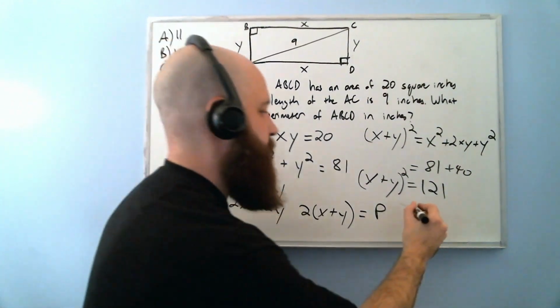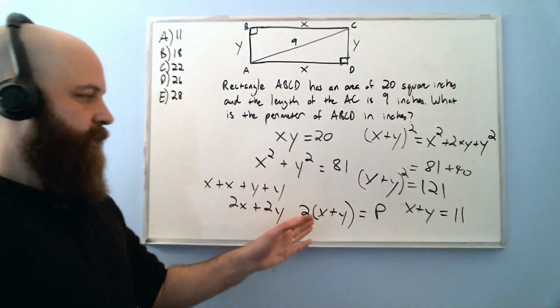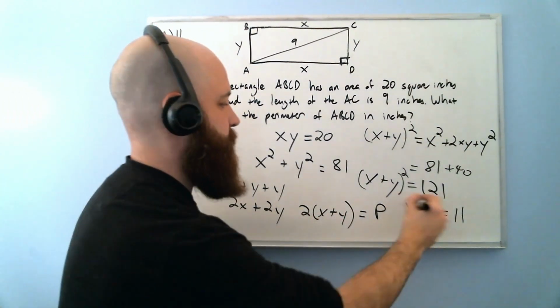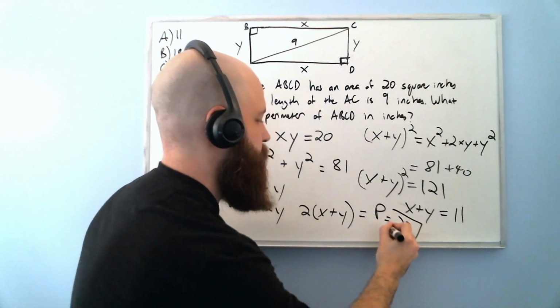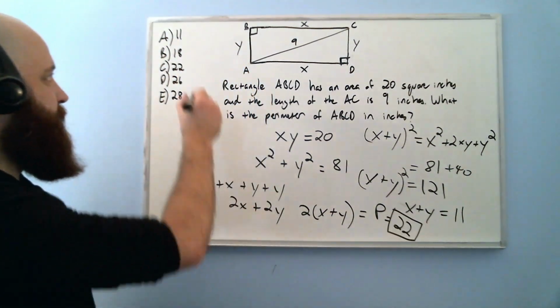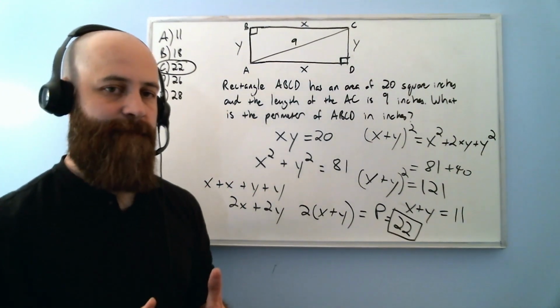Take the square root of both sides: x plus y is 11. The perimeter is 2 times x plus y, so the perimeter is 2 times 11, or 22. That tells us the correct answer to this one is C.